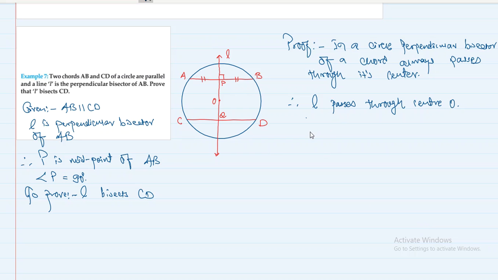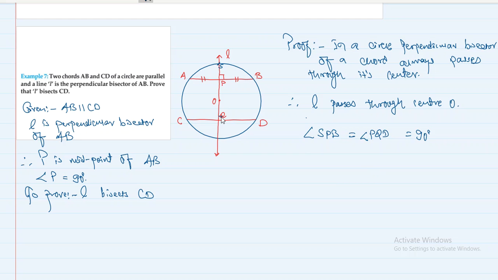Also, we can name this point, let's say S. Angle SPB is equal to angle PQD is equal to 90 degrees.